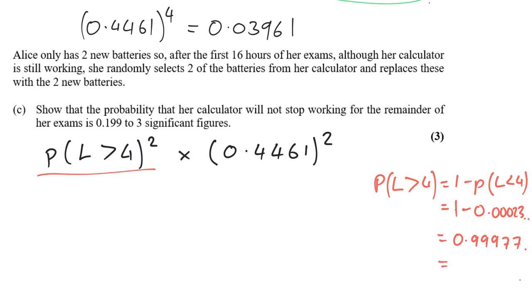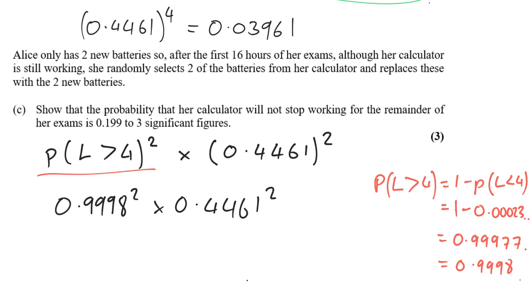I'm going to round that off to 4 decimal places and use that in here so that we get 0.9998 squared times 0.4461 squared. And we can just do that on the calculator. And that gives me 0.1989. I don't fancy her chances of getting through the exam without her battery breaking down.